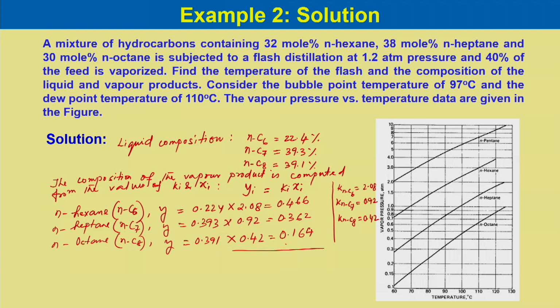If we sum up, it would be 0.992. So, this is the vapor composition and this is the liquid composition. This way, if we have the bubble point and dew point temperature and the composition of the mixture, and the pressure of the operation is mentioned, we can calculate the flash point temperature as well as the liquid and vapor compositions.